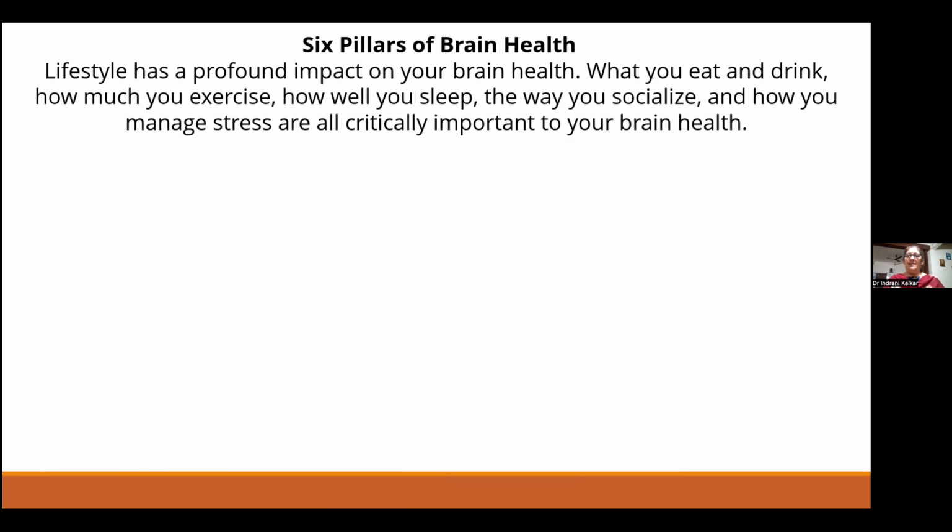So lifestyle is something which is very, very important for your brain. So what you eat, what you drink, how much you exercise, how much you sleep, how much you socialize, all these things are important because your brain is actually the CPU of your operations. It remembers everything and it instructs you according to what you do.